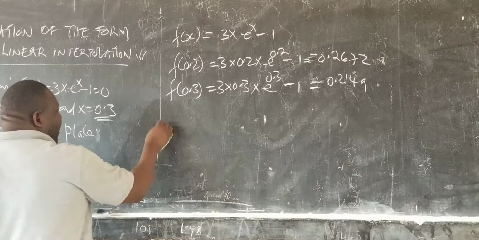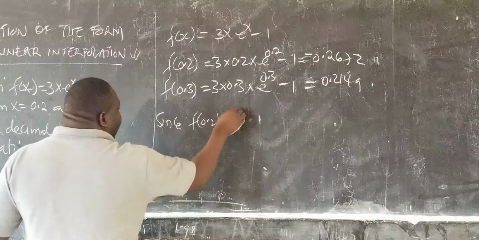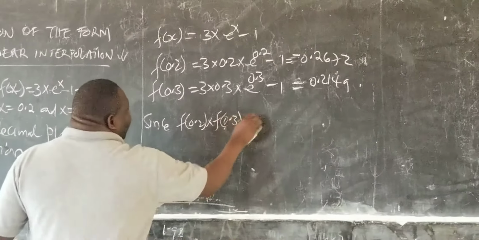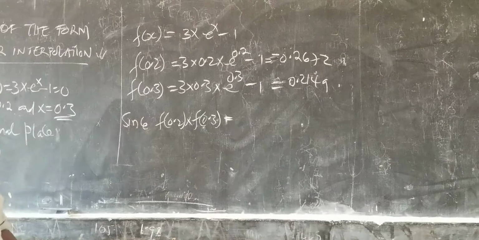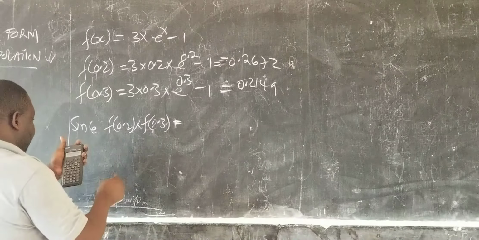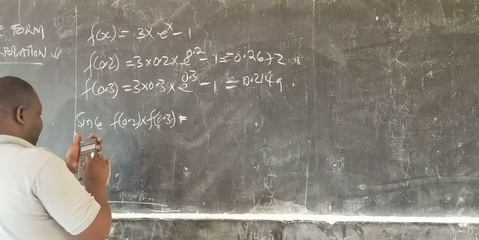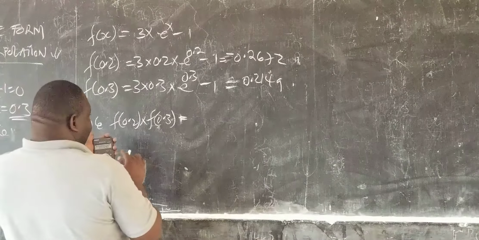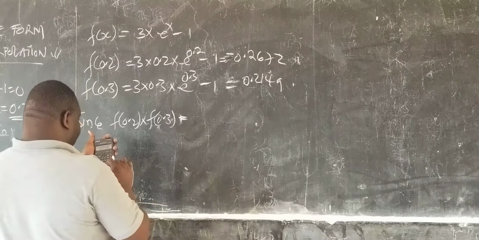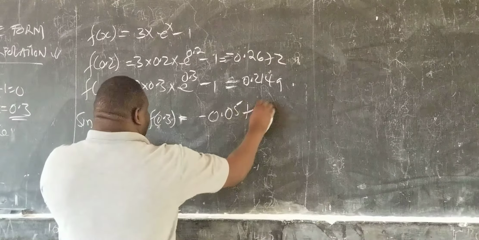So you conclude that the product f(0.2) times f(0.3), using the calculator, gives the answer negative 0.0574.